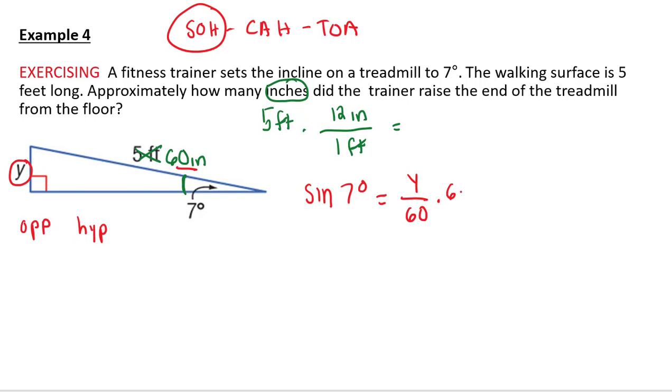To get rid of that 60, I multiply by 60 and type this exactly in your calculator as it looks: 60 sine 7, and that equals 7.312 inches.